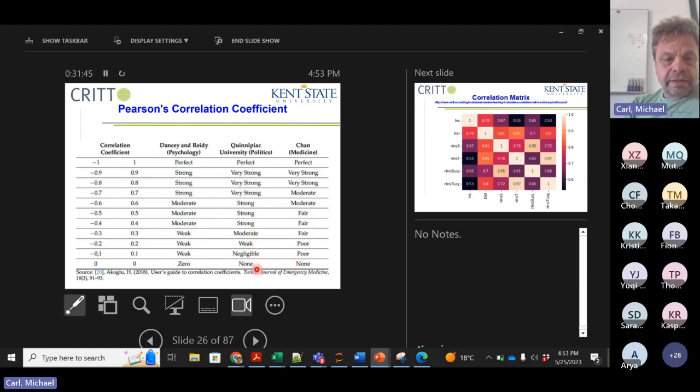Here in politics, they seem to have more categories, and I guess in physics, they still have very different kinds of categorizations.